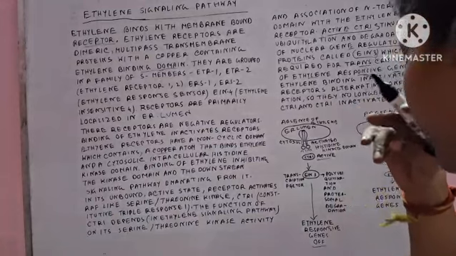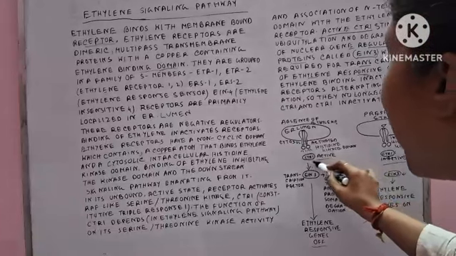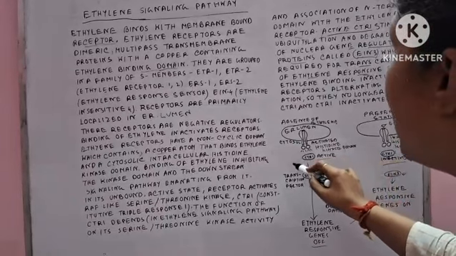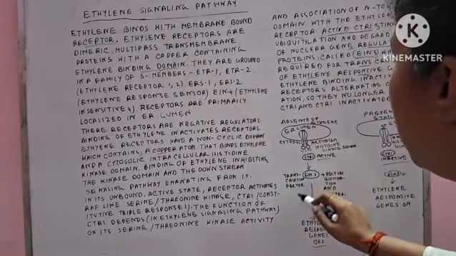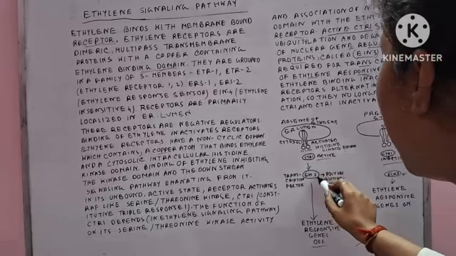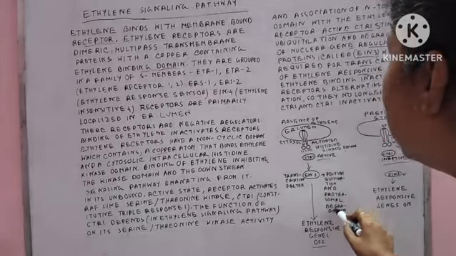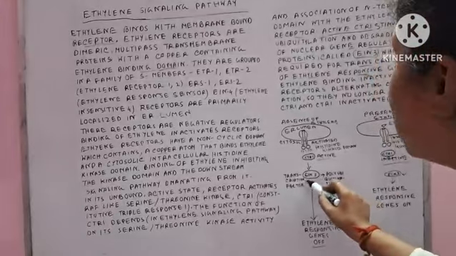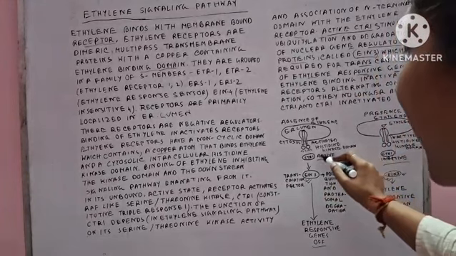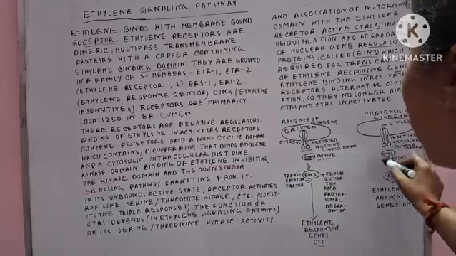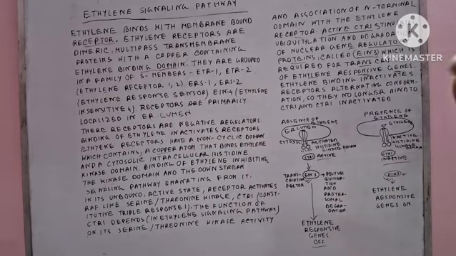So CTR1's role is very important. When CTR1 is active, EIN3 undergoes ubiquitination and proteasomal degradation. They are the same proteins, but the activation and inactivation of CTR1 controls the function of EIN3.